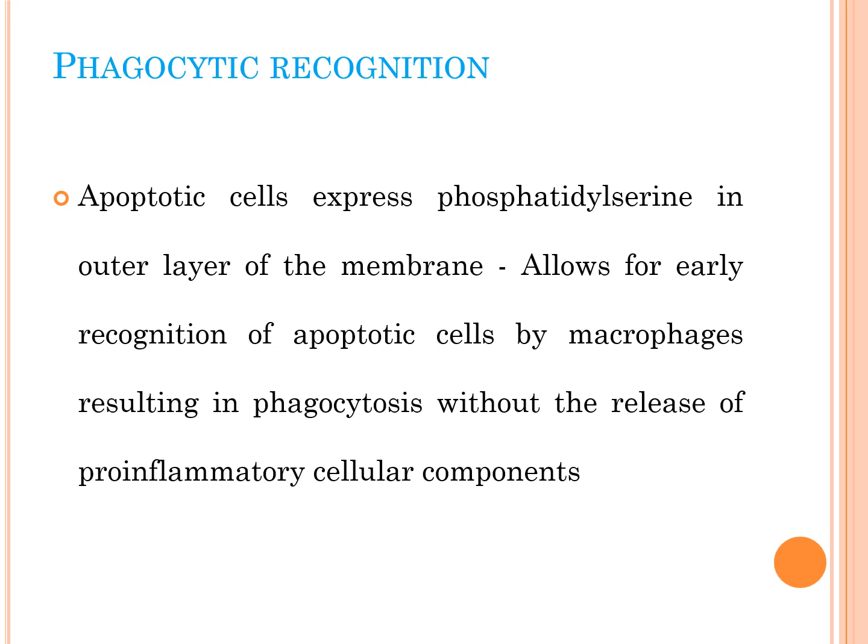These pro-inflammatory components are normally released by inflamed cells, but here there is no inflammation, right? So without the release of any inflammatory component, only with the help of phosphatidylserine in the outer layer of the apoptotic cell, phagocytosis of these cells takes place.